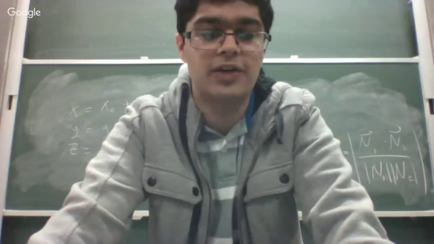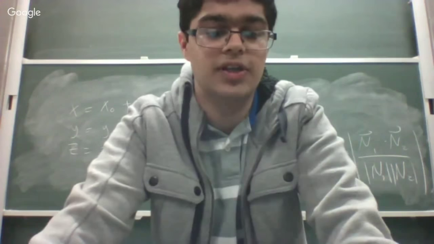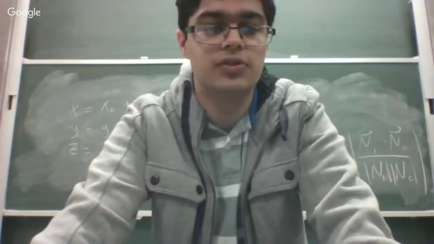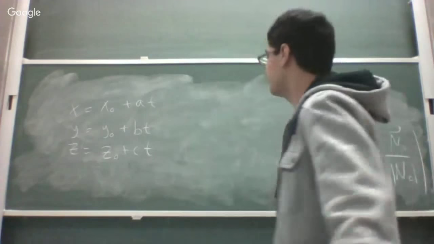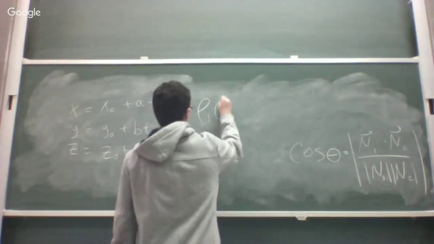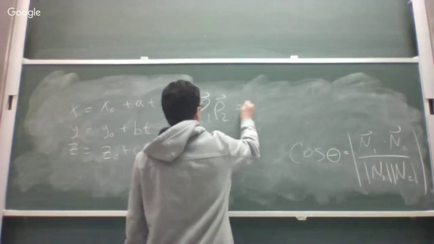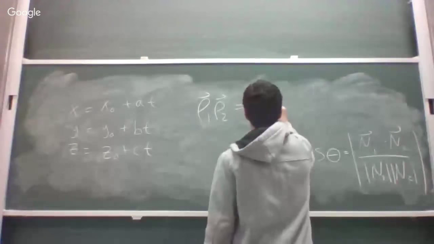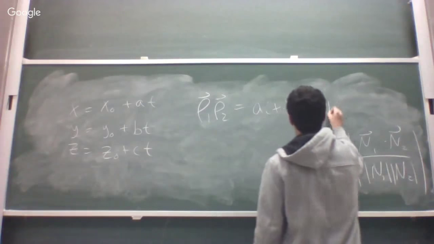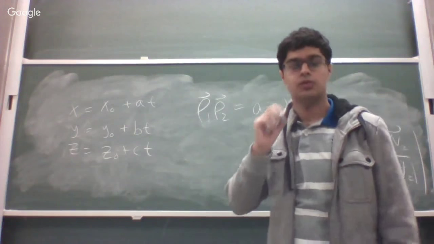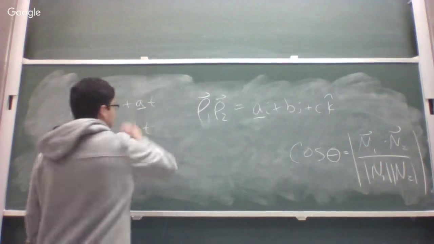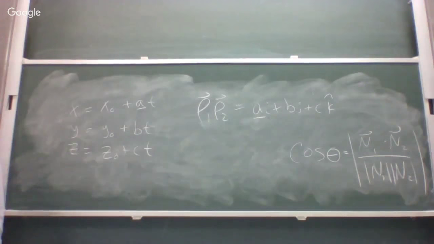I don't need to explain how to find distance like P1 to P2, and then you use, okay. So if I did give you P1 to P2 and said that's Ai plus Bj plus Ck, okay? You would know that this A is equal to this A, all right?